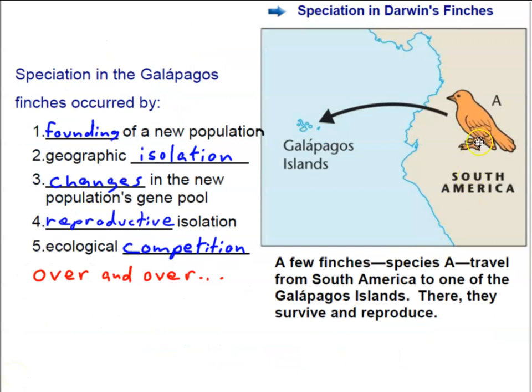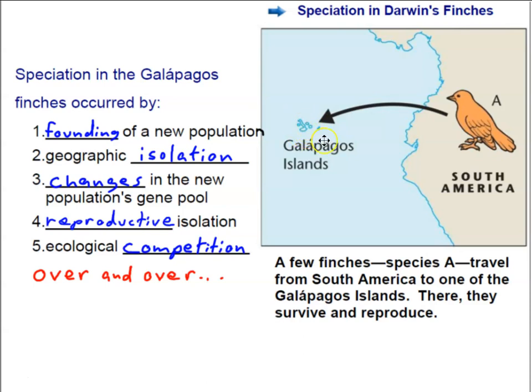So as the scenario goes, one finch species found its way to the Galapagos Islands from mainland South America, and so that founded a new population in the Galapagos. Since there are many islands, there were multiple populations on different islands, and different islands have different habitats.